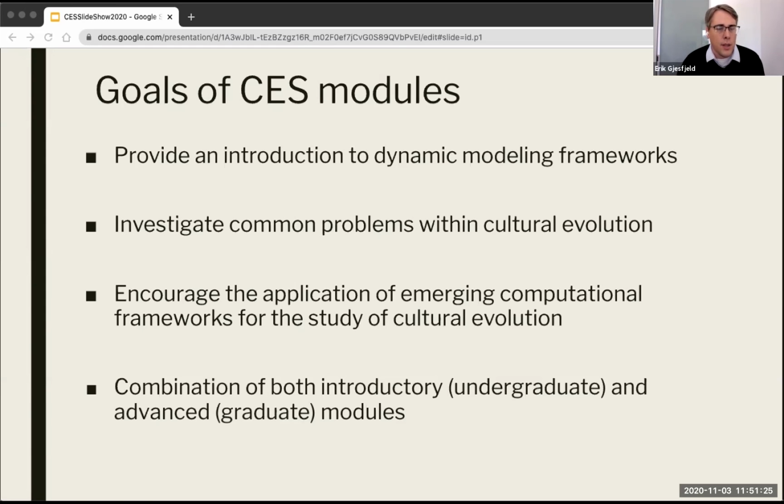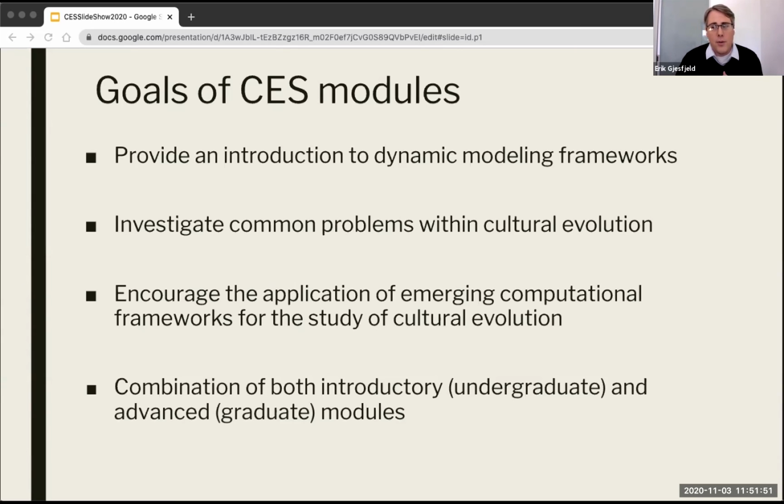In addition to this, the goals of the CES modules also included investigating common problems in cultural evolution, encouraging the application of computational frameworks, which of course often coincides with modeling frameworks, and providing a range of educational modules from introductory levels to more advanced practitioners.